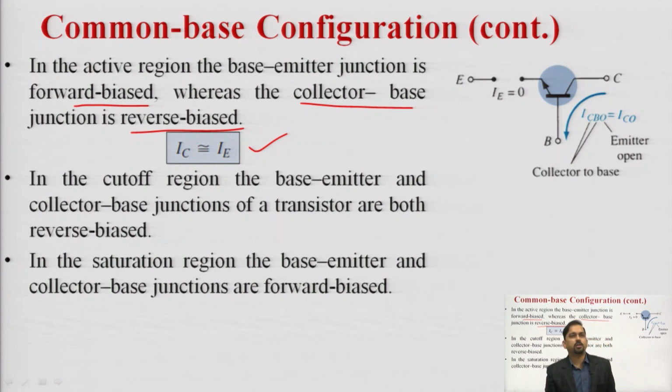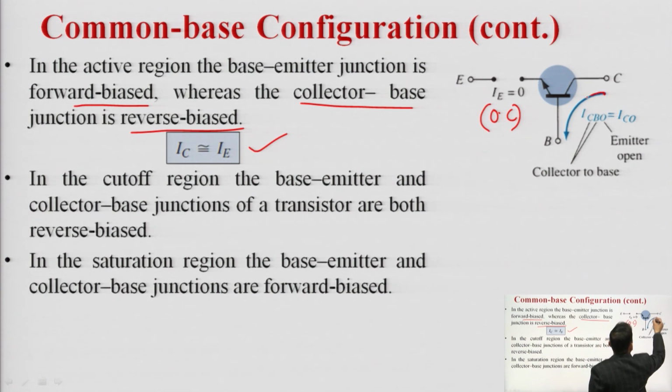During the cutoff region, the emitter base and the collector base junctions are both reverse bias. If this is reverse bias, then in this particular region the current will be 0, meaning this circuit will work as an open circuit, and the current which flows from the collector terminal to the base terminal is ICBO.